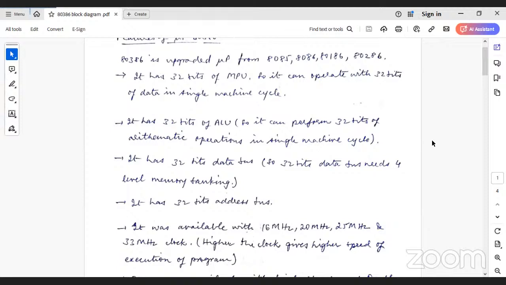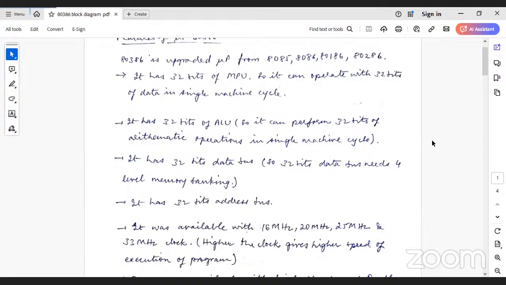So if it has to take 32 bits at a time, 8 bits in one memory location, another 8 bits in another memory location, and another 8 bits in another. Like this, it will have 4 level of memory banking. You can imagine that you are having 4 different RAMs, and you will take 8 bits from each RAM, and the total length of 32 bits will then be satisfied.